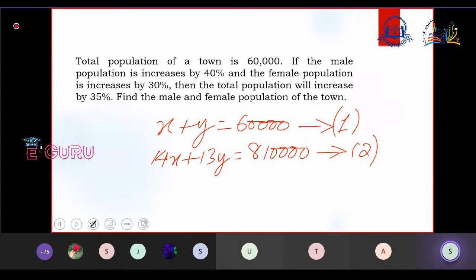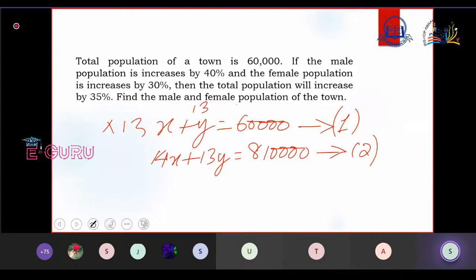Right. Now, for getting it cancelled, we need to multiply the first equation with 14 or 13, whatever you like, you can do it. I am just multiplying with 13 so that I can get the value of x. So, just multiplying this equation with 13, it will become 13x plus 13y equals 13 into 60,000 means 7,80,000, right?